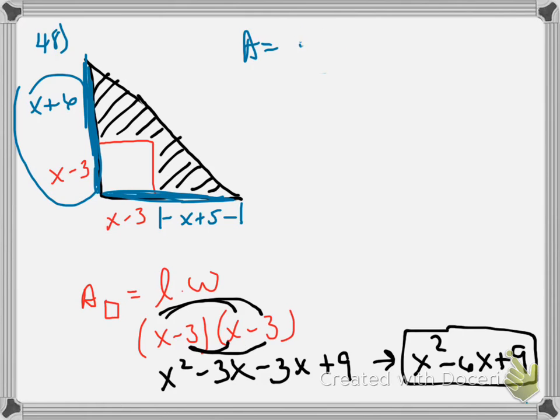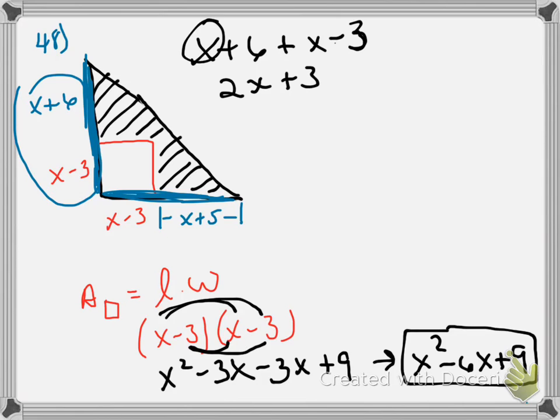Let me go ahead and erase this and start this all over. So I know that x plus 6 plus x minus 3, and that's going to give me 2x plus 3. Because x plus x is 2x, and plus 6 minus 3 is plus 3. So I really know that this whole thing is 2x plus 3.